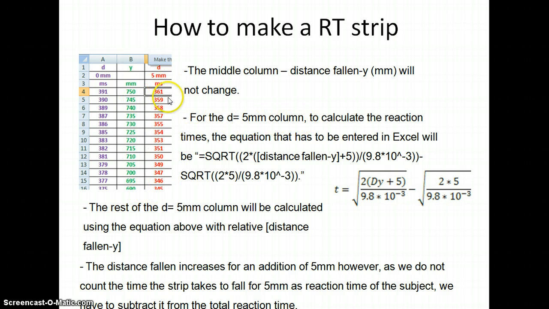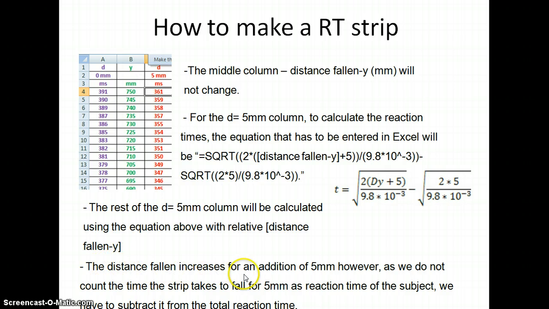The reaction time in this column is calculated by the equation t equals square root of 2 times the sum of dy plus 5, all divided by 9.8 times 10 to the minus 3, and this first square root will minus the second square root, which is square root of 2 times 5 divided by 9.8 times 10 to the minus 3.